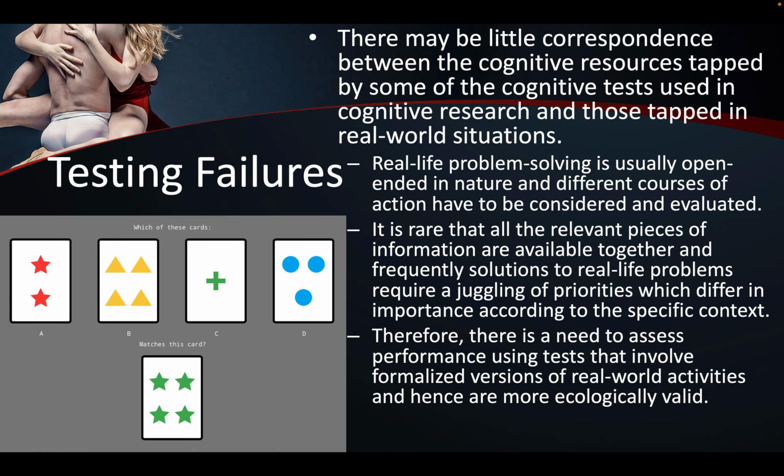There may be little correspondence between the cognitive resources tapped by some of the cognitive tests used in cognitive research and those tapped in real-world situations. This is exactly what I was thinking as I was reading this chapter. You're giving this person a card game to play, and you're making determinations from this card game.